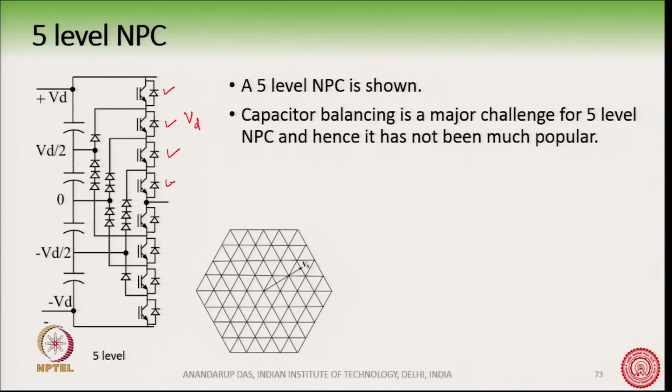And then, in order to get Vd by 2 voltage, what will we do? In order to get Vd by 2, this switch is turned off and this switch is turned on. So, now we have these 4 switches conducting. If the current direction is positive, then the current will flow like this here.